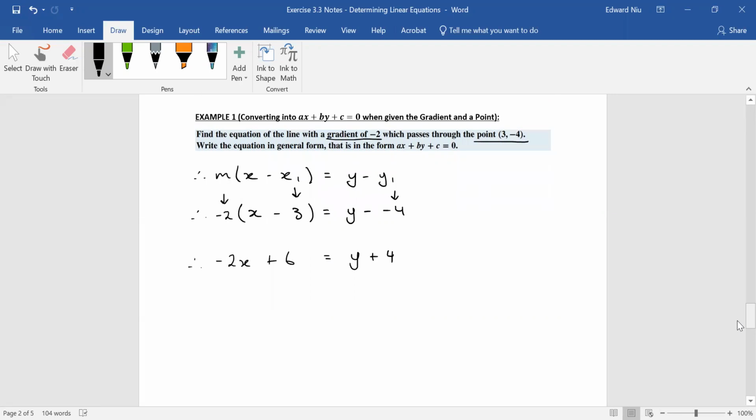The question tells us to write the equation in general form, which is ax plus by plus c equals 0. Essentially, where we don't have a y equals mx plus c, we're moving towards something like a quadratic equation. We need to empty out the right side, so we need to move every term on the right side of the equal sign to the left side.